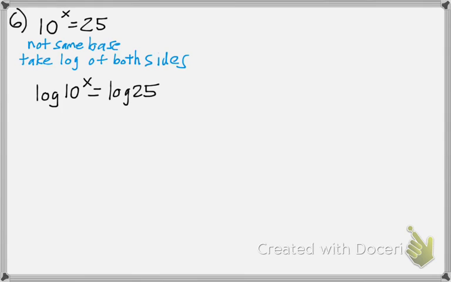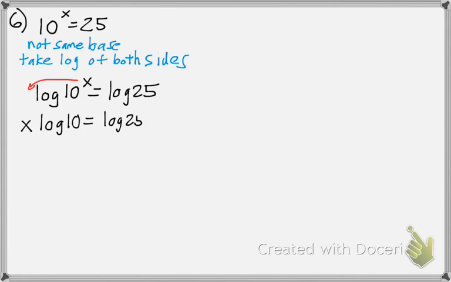And the advantage to doing this is that if you remember back to our rules of logarithms, we're allowed to bring down exponents. So only if there's a logarithm there are we allowed to bring down this exponent.